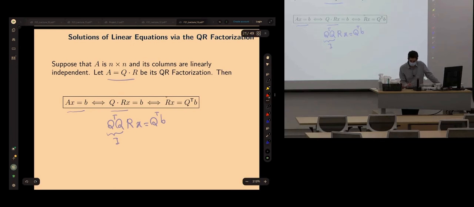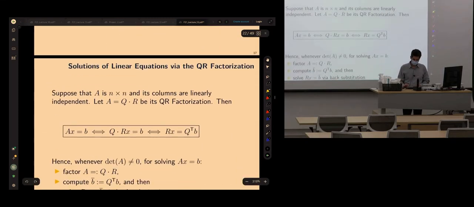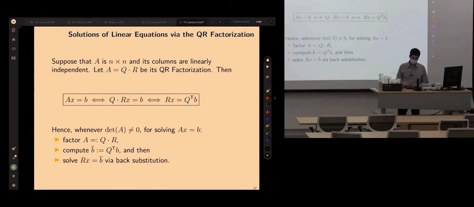Then I will get this interesting equation: R times X equals Q transpose B. And R is upper triangular. Sounds like we can solve the problem already. Right? We know we can use back substitution. And in fact, that's how we do it.